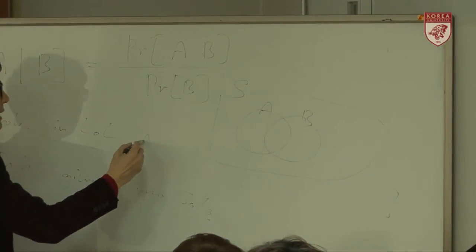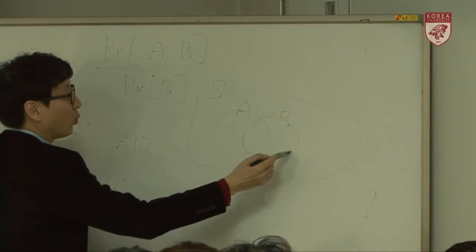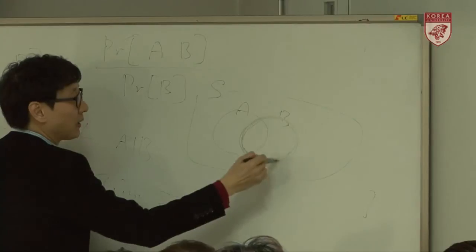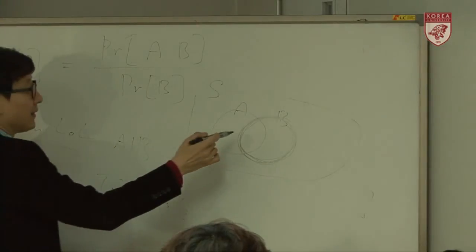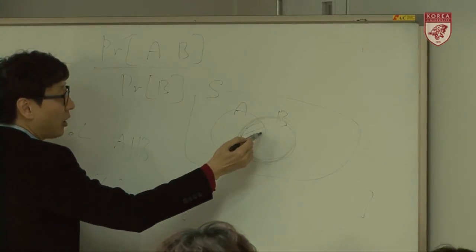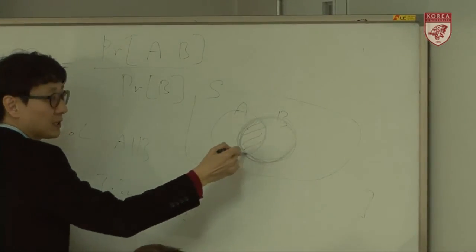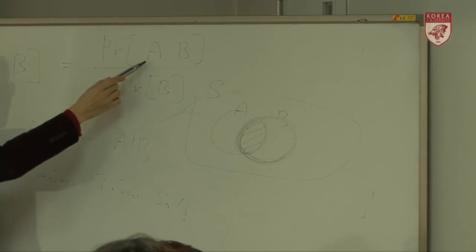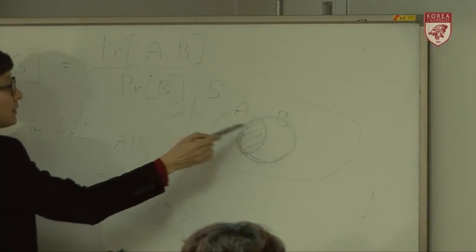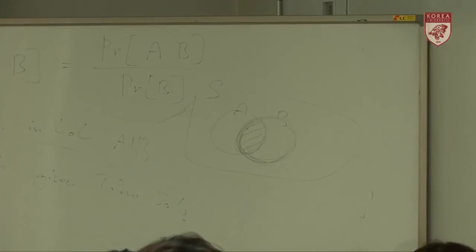However, when we say A given B, we assume that B happens, so we only look at this part. So this part is my whole sample space. If B is given, then A given B is the relative probability of this portion. B has already happened, then what's the probability that A is going to happen? That is only this part. So that's why, mathematically, it is given as the probability of A intersection with B, this part, divided by the whole probability of B. So this is the concept of the conditional probability.